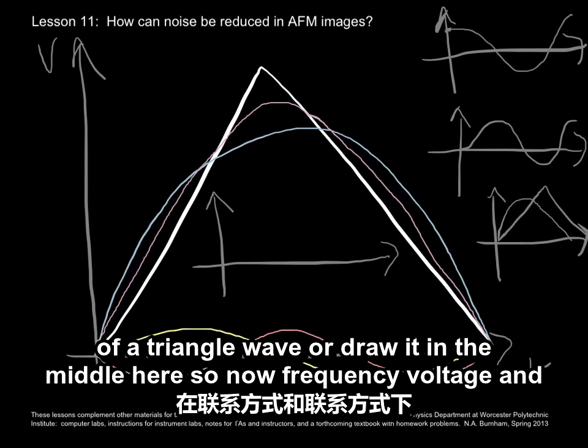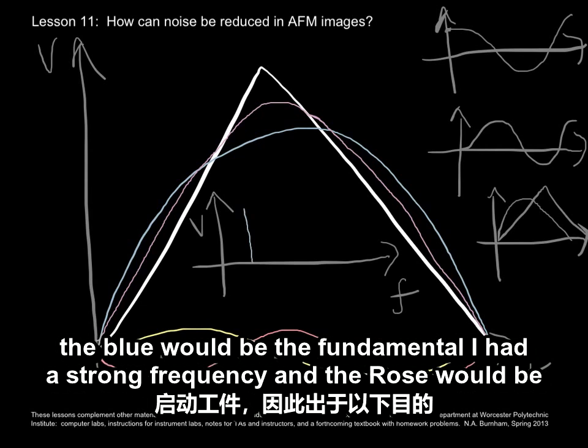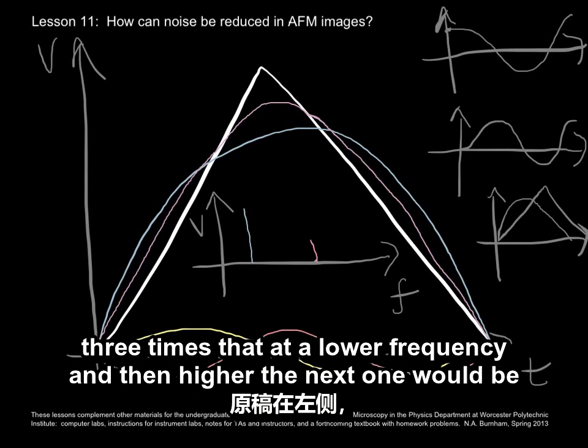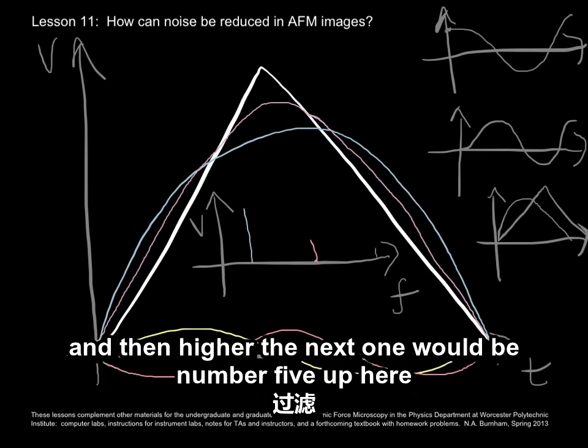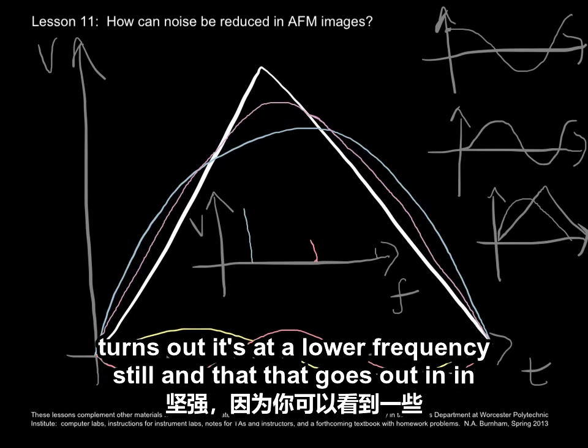So now frequency, voltage, and the blue would be the fundamental at a strong frequency, and the rose would be 3 times that at a lower amplitude, and then the next one would be number 5 up here. Turns out it's at a lower amplitude still, and that goes out in frequency.